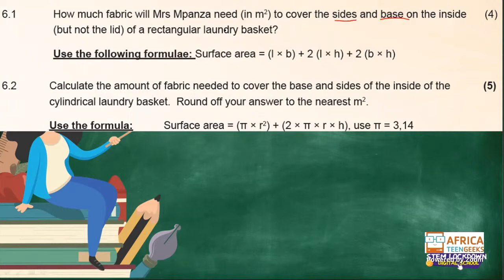There's no lid, so one area is actually missing. So you can see we have one of those, but two of the others. So using this formula, you don't need to change the formula, use it as is. I want to know what is the surface area of the rectangular laundry basket.